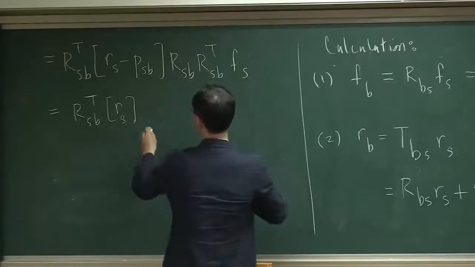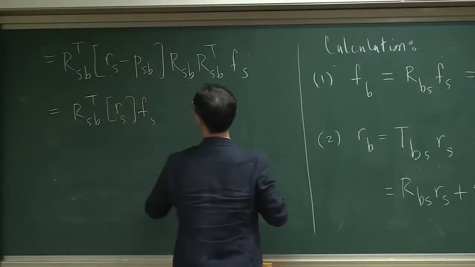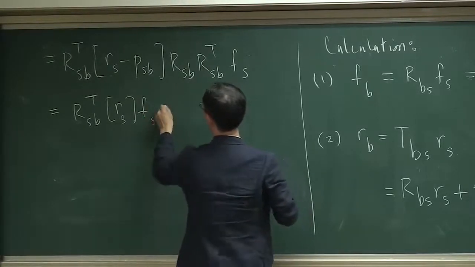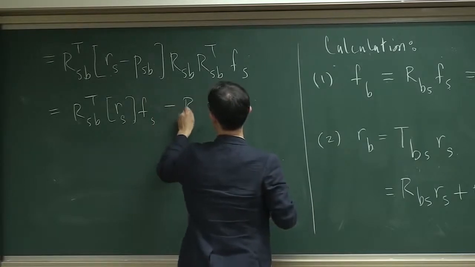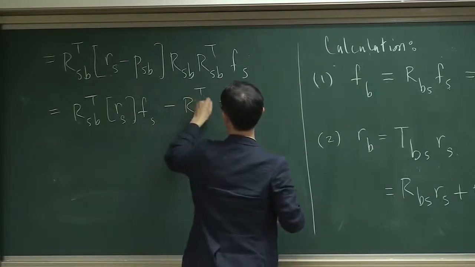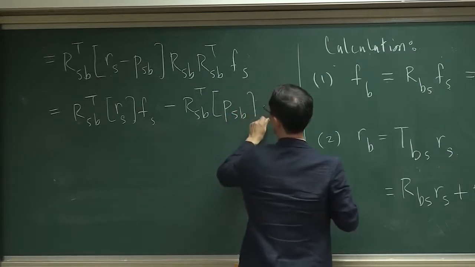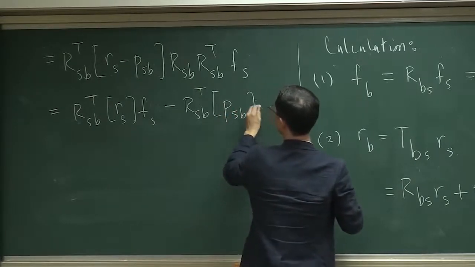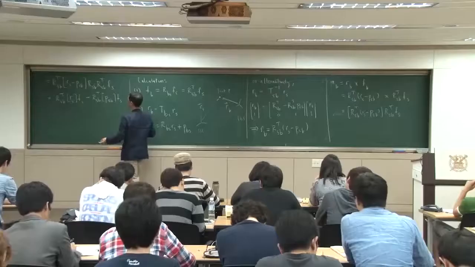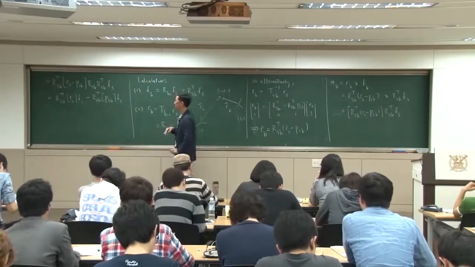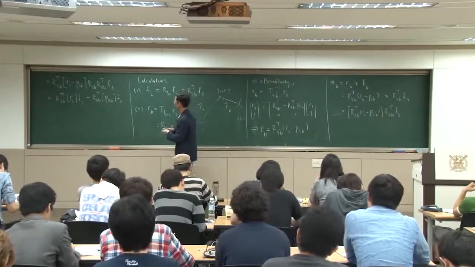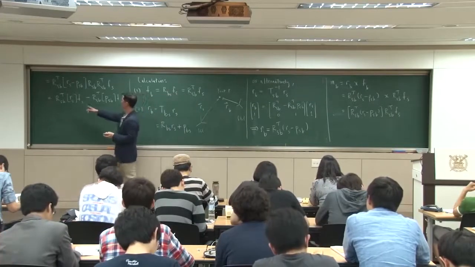Okay, now let's clean this up a little bit. F_S minus R_SB transpose P_SB F_S. Okay. All right, now, what's this?